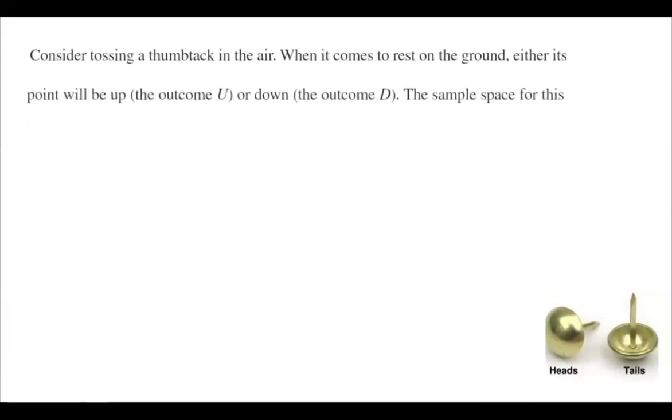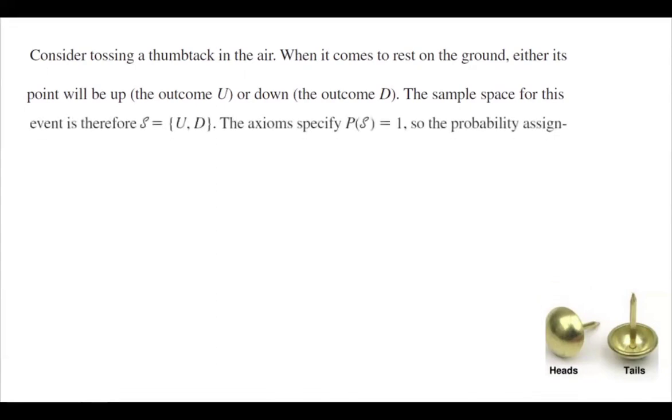For example, we can verify these axioms for the following experiment. Consider tossing a coin, or tossing a thumbtack in the air. You have two possible outcomes, up or down, head or tail. The sample space has only two outcomes. The probability of S is n of S divided by n of S. Remember that when you're talking about the probability of the sample space, this is n of S divided by n of S. You're dividing the same number by itself, which is 1.